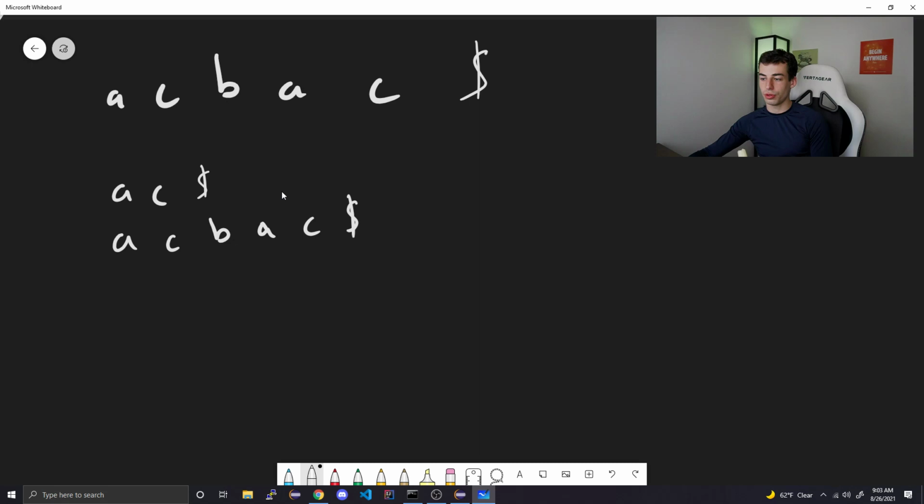So let's run suffix arrays on this. We get this, then that, then we get the B, BAC. Then we get this small c first, and then we get C, B, AC $. So here's our suffix arrays.